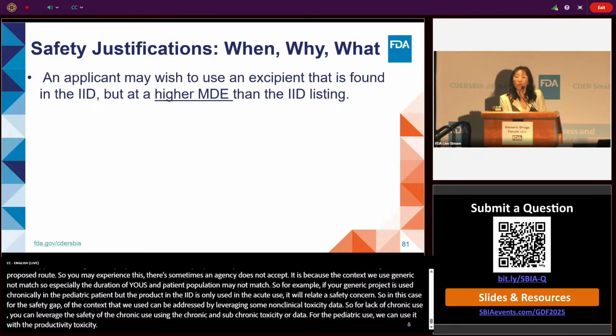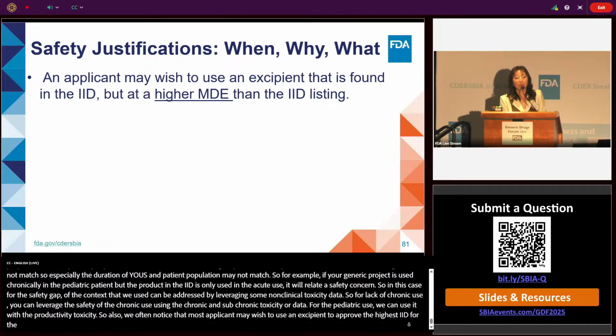We also often notice that most applicants use the IID tool to find the highest approved MDE of the excipient for the proposed route. But you can still use an even higher MDE, though it doesn't mean two-fold or three-fold higher.